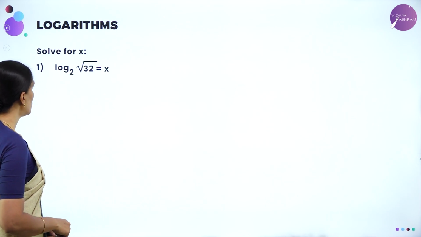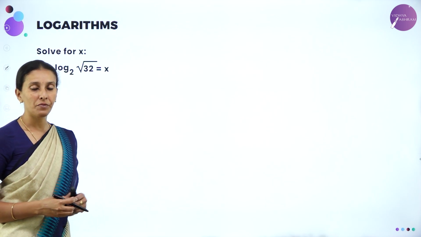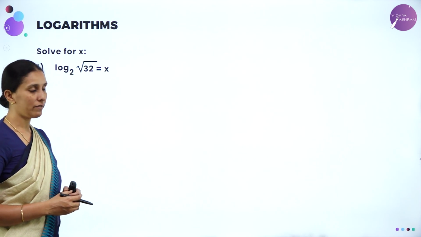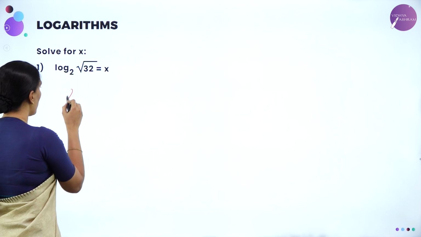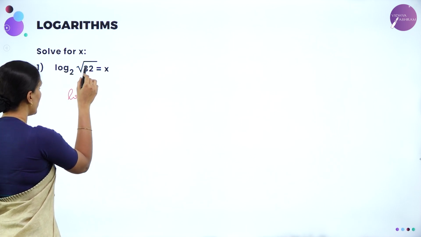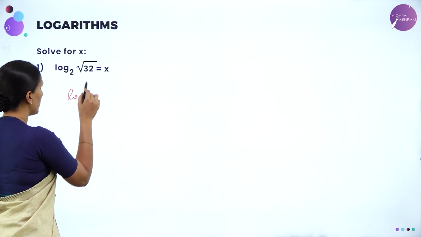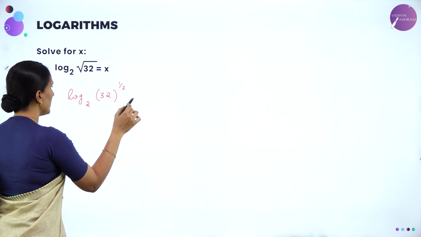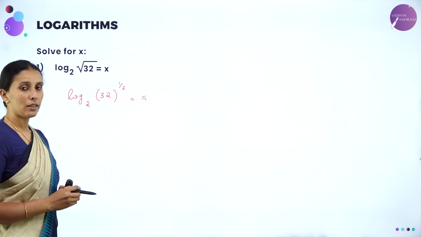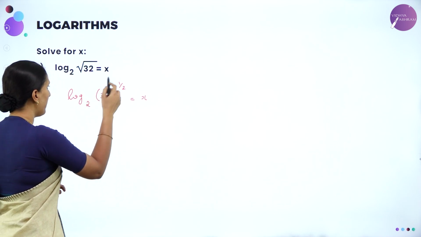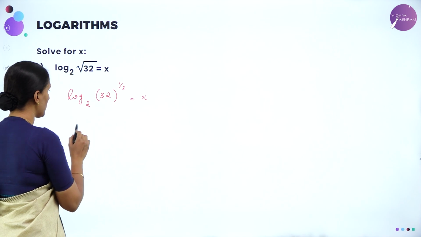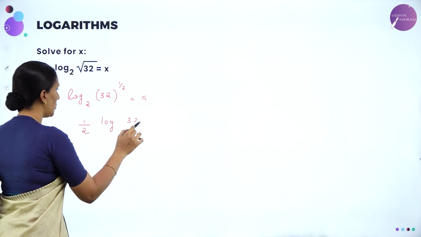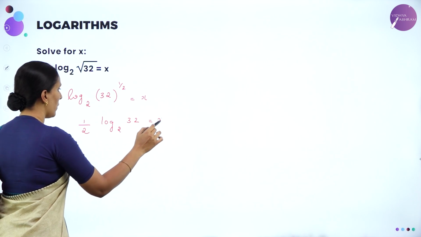Next. Solve for x. So here the x value is unknown. Using laws of logarithms, we will find the values of x. Now here, log of square root of 32, that is 32 to the power 1 by 2, to base 2 is equal to x. Using the third law, log of m power n can be written as n log m. So I'll write this as half log 32 to base 2 is equal to x.